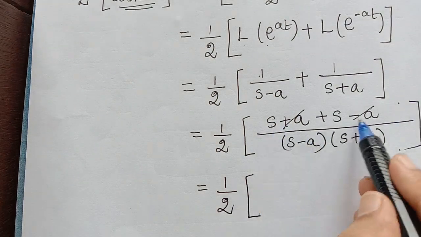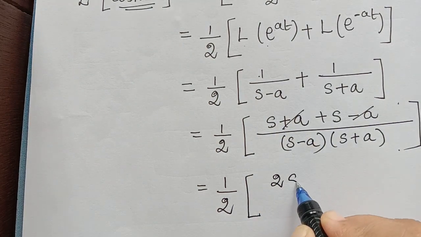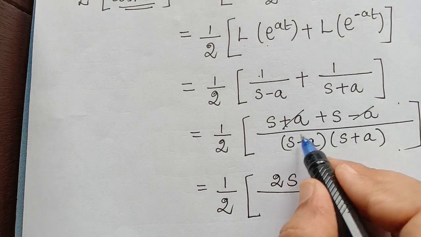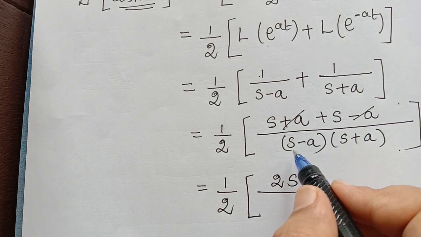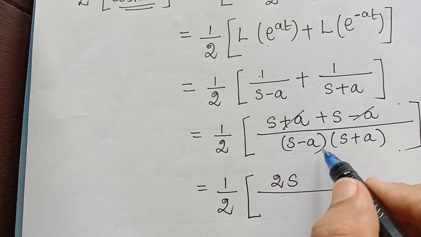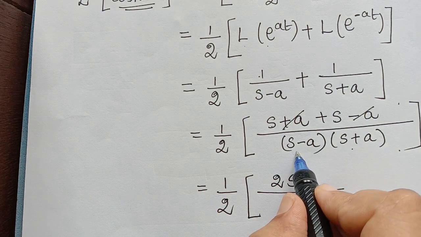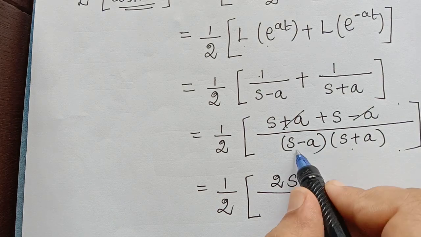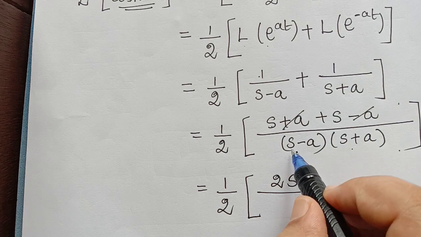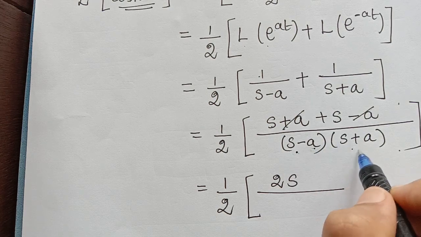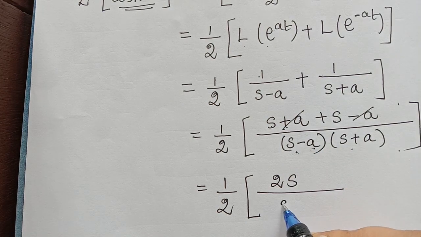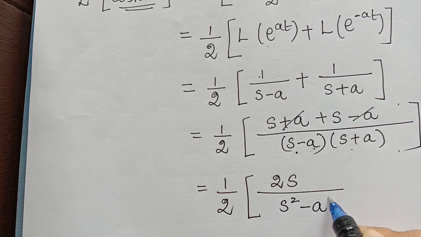And we get this to be equal to 1 by 2 multiplied with s plus s will give us 2s divided by, and here we will be using the formula a squared minus b squared, which is a plus b multiplied with a minus b. Okay, so that formula when we apply, here we have s minus a multiplied with s plus a, and so the formula will be like s squared minus a square.